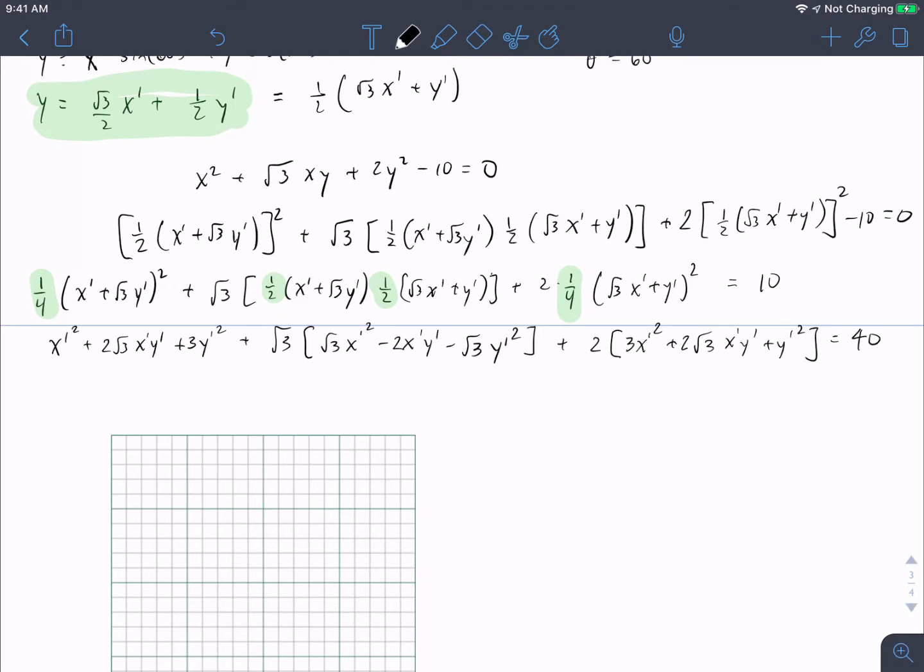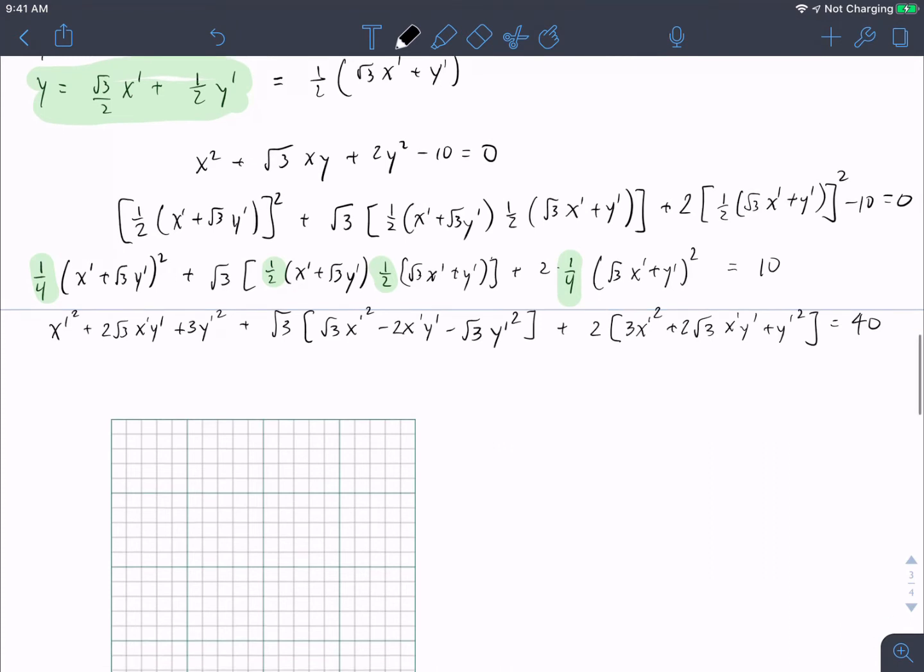So that 1/4 I multiplied by 4 to get rid of it, to clean up the math, and you can see just how tedious this can be. Now in cleaning this up, I'll leave that to you to clean. It ends up becoming 10x' squared plus 2y' squared is equal to 40.